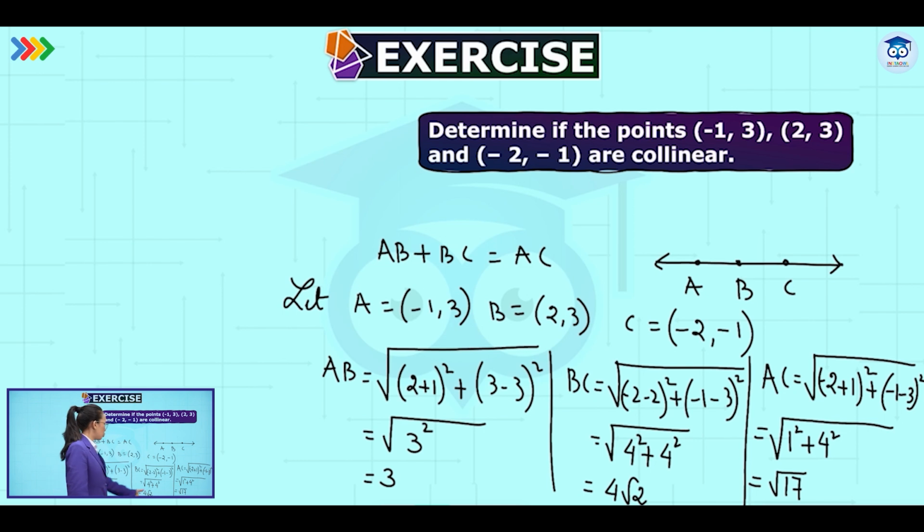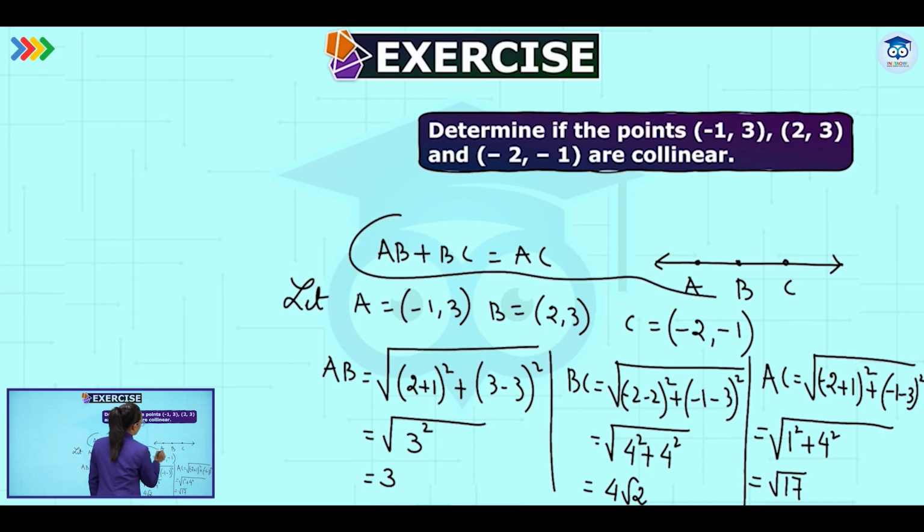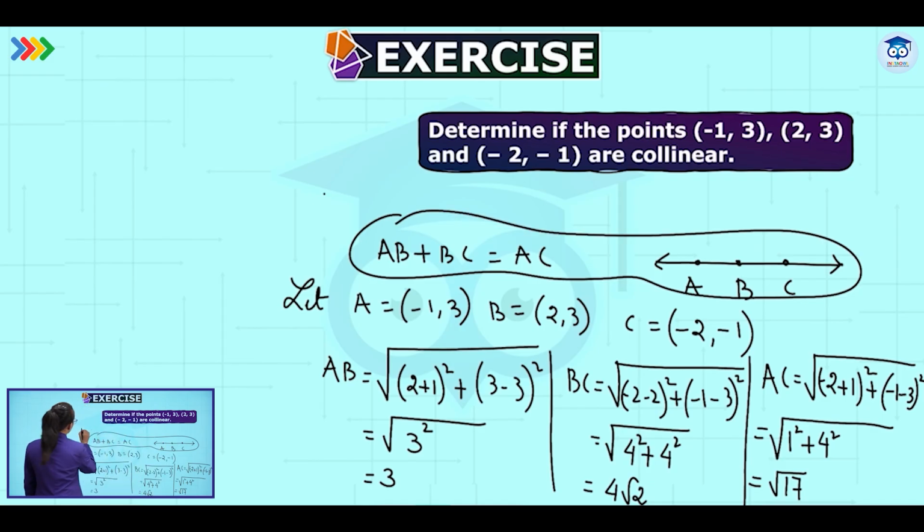So the addition of these 2 will not give this. Therefore, these 3 points are not collinear. We can conclude that AB plus BC is not equal to AC. Therefore, the points are not collinear.